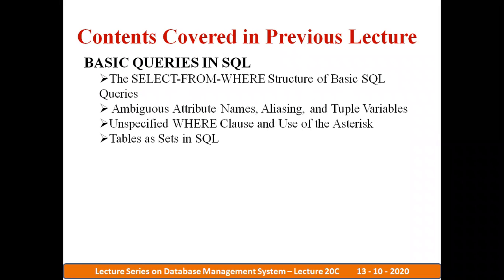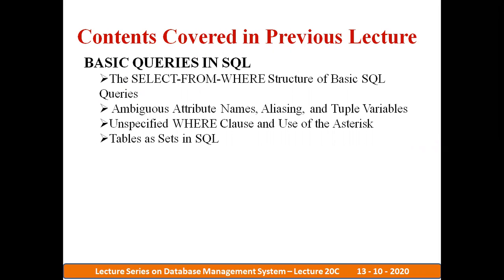So in the last class, we discussed the basic queries in SQL. In that we discussed the select-from-where structure of basic SQL. We said that after specifying select, we need to specify the attribute list that we want to retrieve. After from, I need to specify the list of tables required for processing the query.